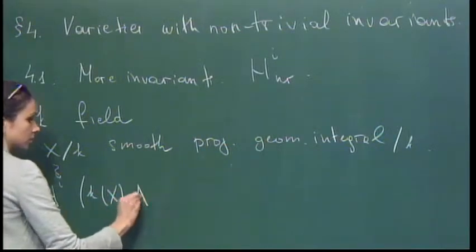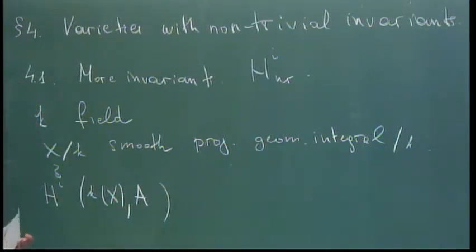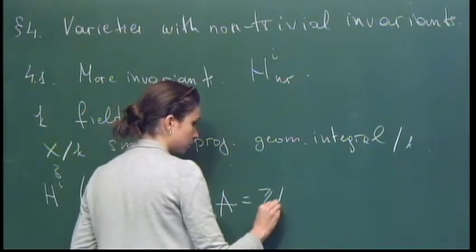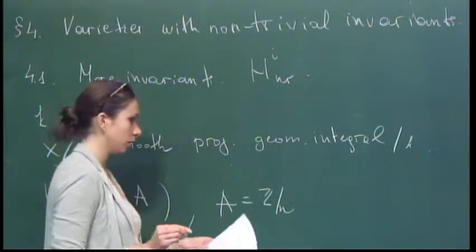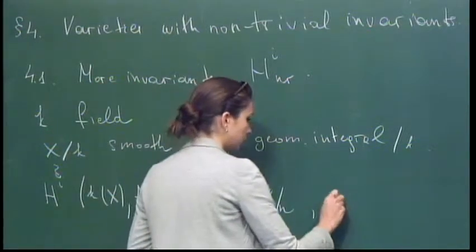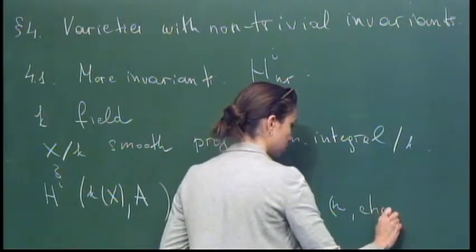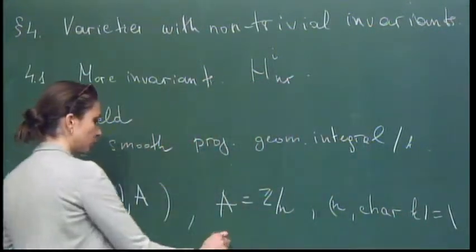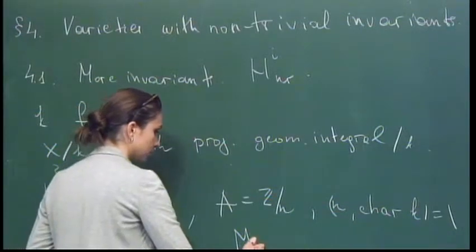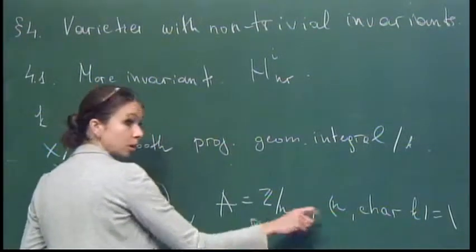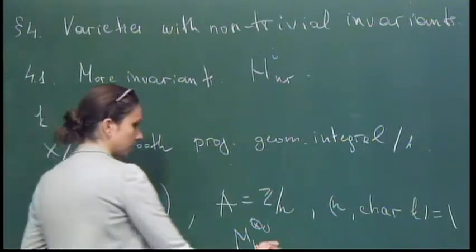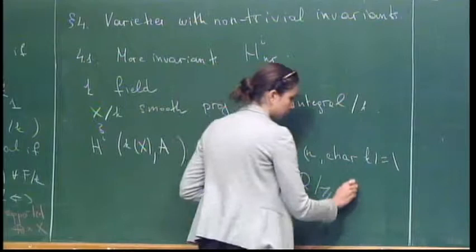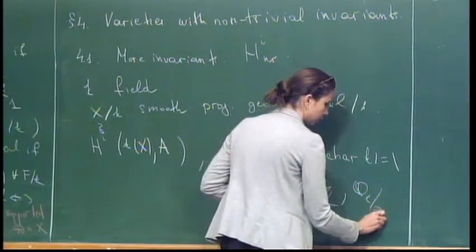With some coefficients, which I denote A here. And A could be, for instance, for us, the groups of interest will be a constant group Z/n, where n is prime to the characteristic of K. Or also twisted roots of unity with the same assumption. Or also, sometimes I will put the groups like Q_l/Z_l.